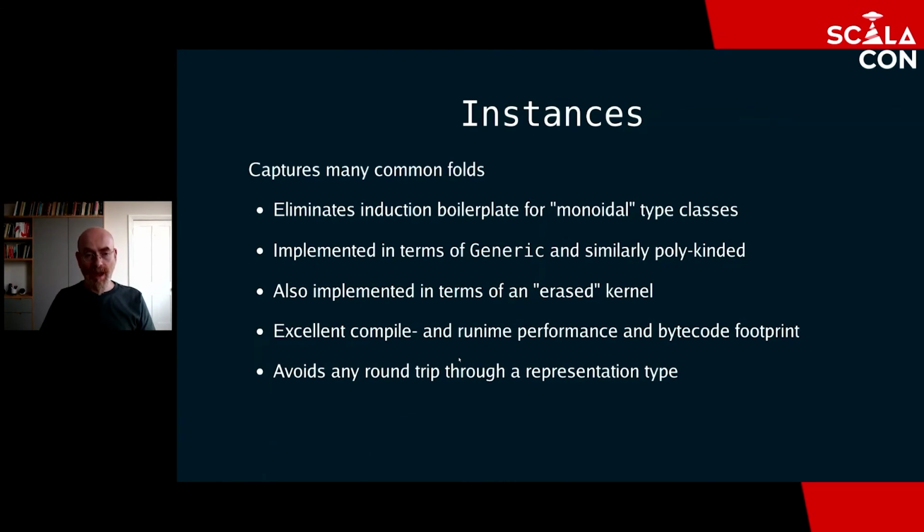These things, as well as eliminating the need for manually written induction boilerplate, the kind of boilerplate that you might have seen in Shapeless 2 based type class derivation, it's also implemented in terms of an erased kernel.